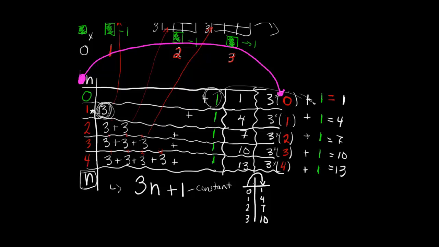How do you get from the term number to the term value? Well, you multiply the term number by the coefficient of 3. So we multiply the term number of n by the coefficient of 3, and then we add where it starts, which is right there. Okay?